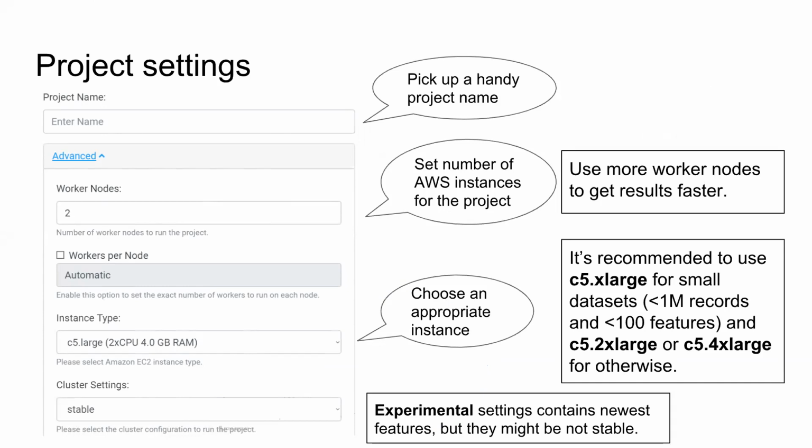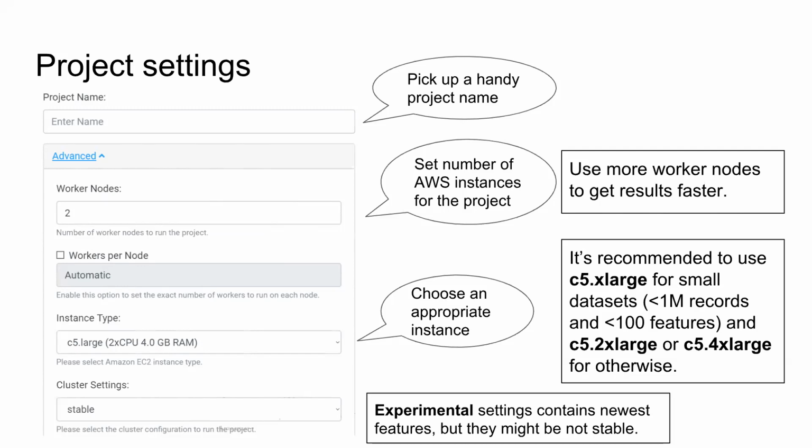So first, you need to pick a handy project name, set the number of AWS instances for this project or working nodes, choose the instance type, and set the cluster settings to stable or experimental.